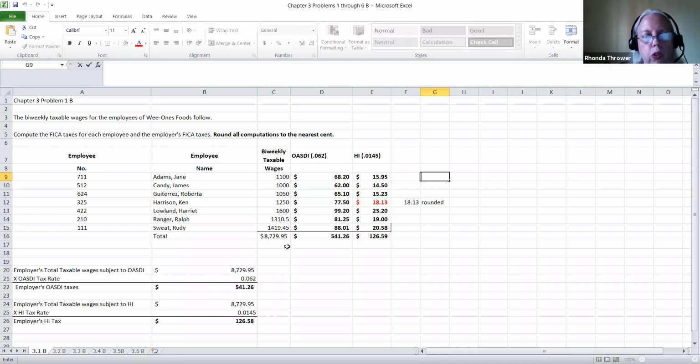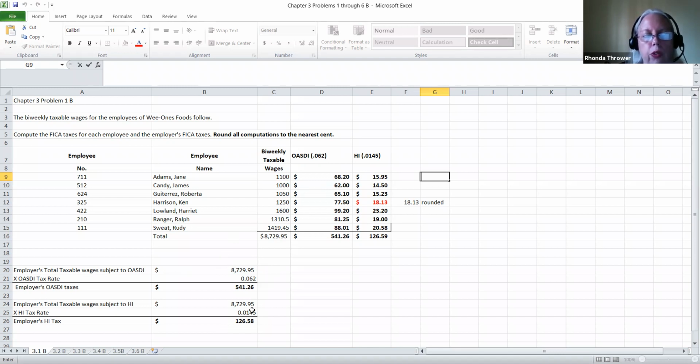Again, you want to pick up the total wages and multiply it by 1.45%, and that will give you $126.58.